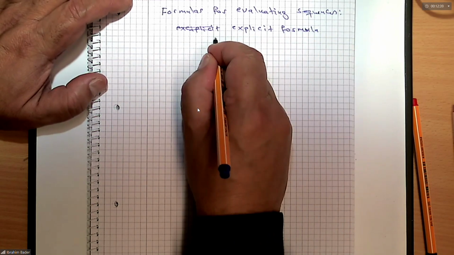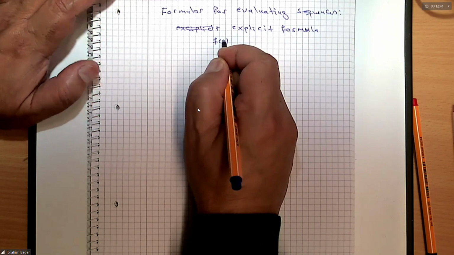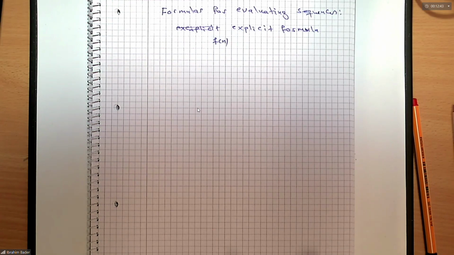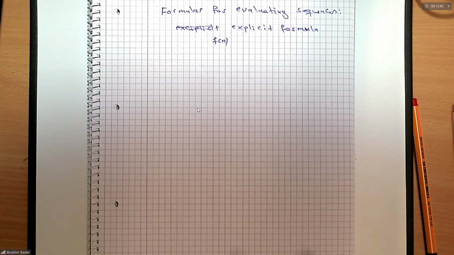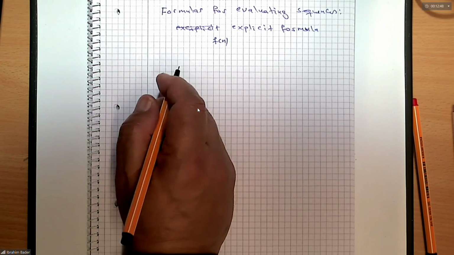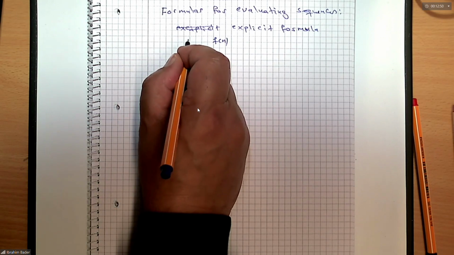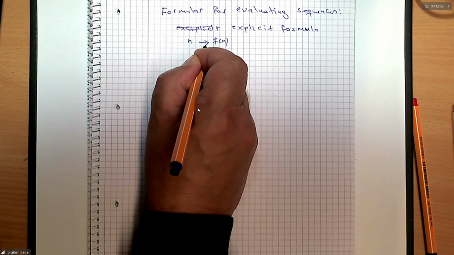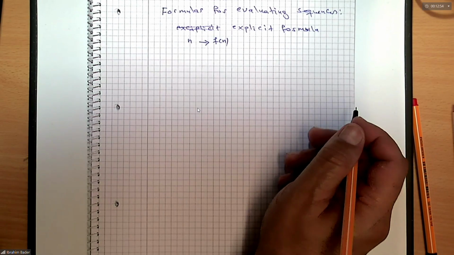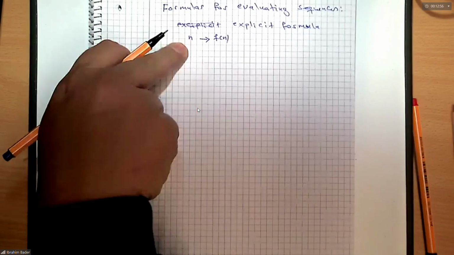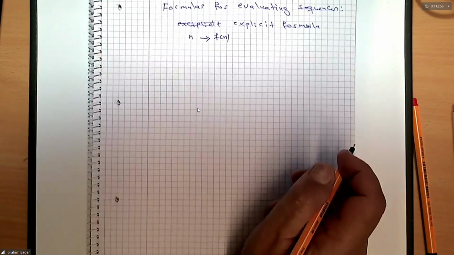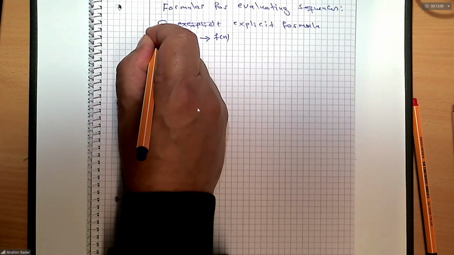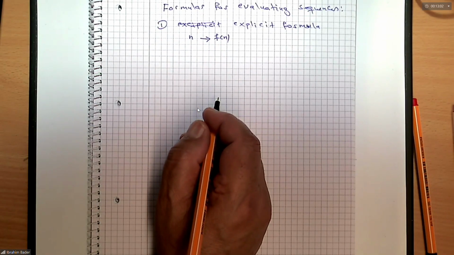So for instance, you say f of n. So for each n, you just evaluate f of n. And bear in mind that n is a non-negative integer, f of n is a real number. So this is the first formula, the explicit function.